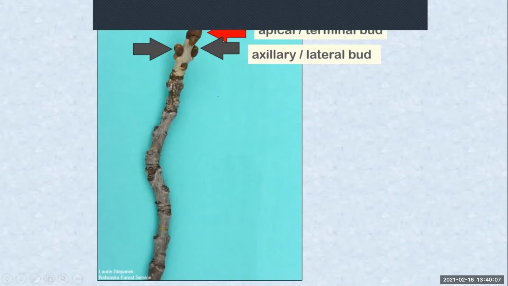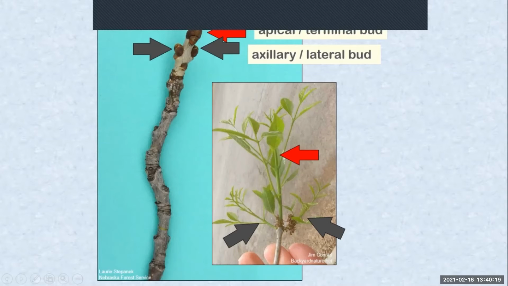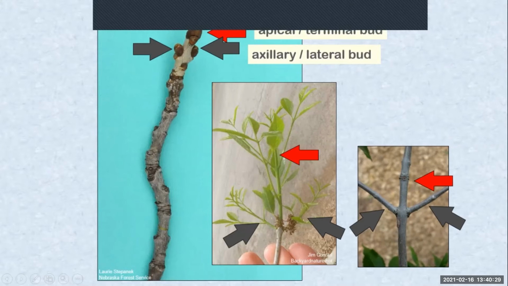And then you have on the sides, lower down, what are called axillary or lateral buds. In the spring, when we have bud break, these buds are going to produce your new shoots, your terminal shoot and some side branches. And ultimately, these then become your new twigs in the future.